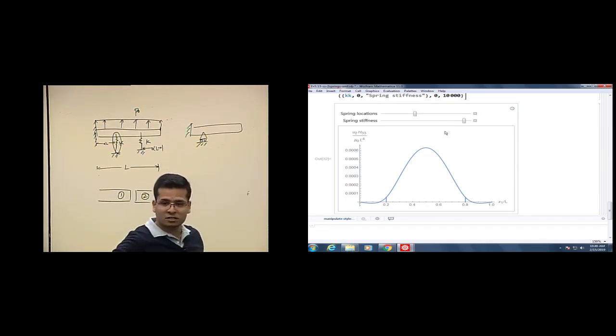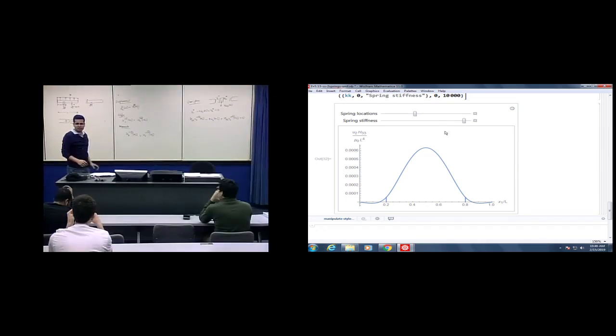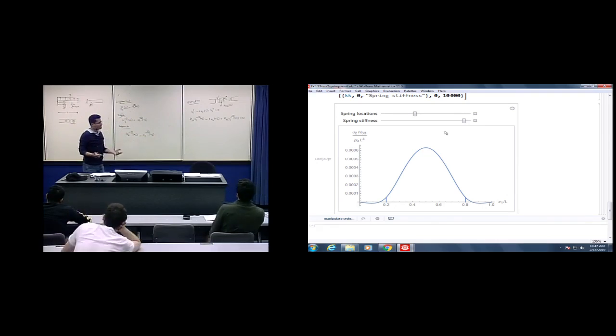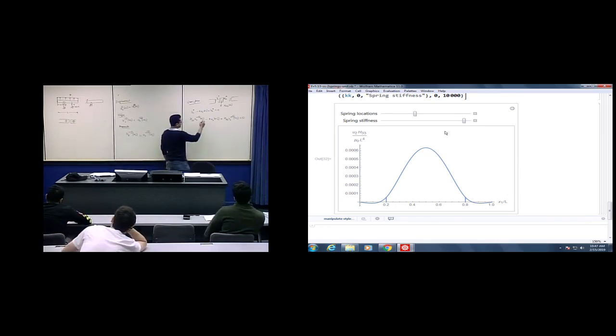But we did boundary conditions for two different cases separately. So how do we relate them? How do we say that this boundary condition is equivalent to writing U2 of 1 at alpha L is 0 and U2 of 2 at alpha L is 0? So let's say when spring stiffness goes very high, what happens to this equation?